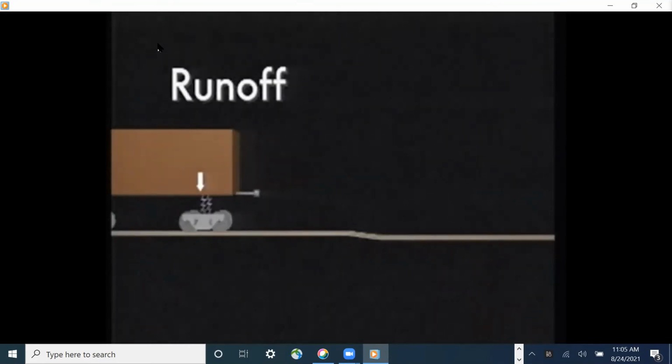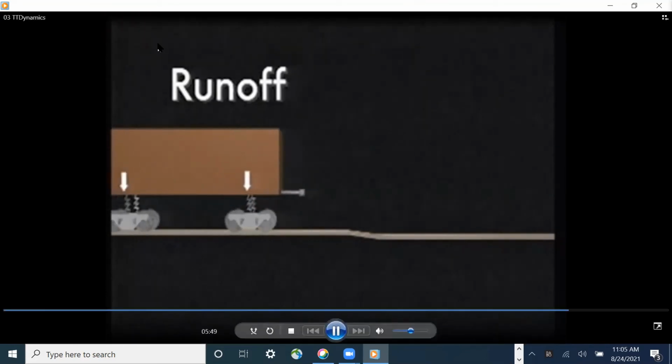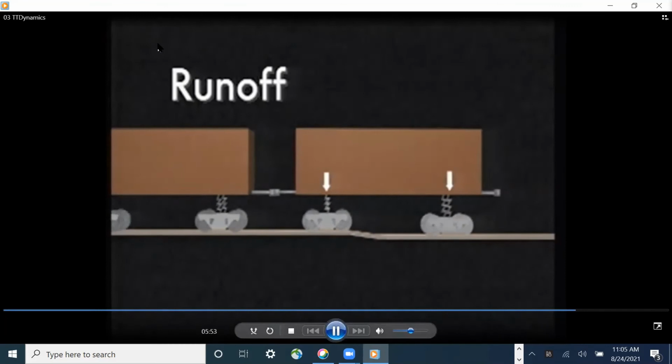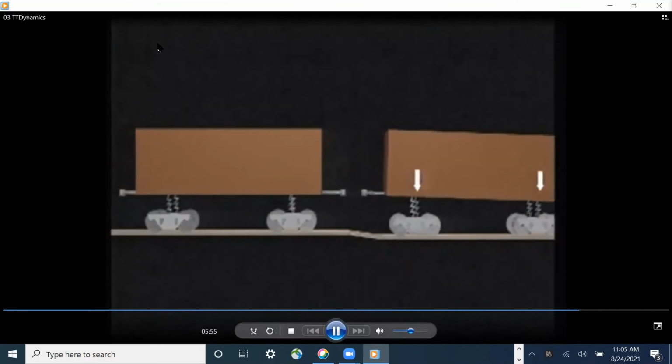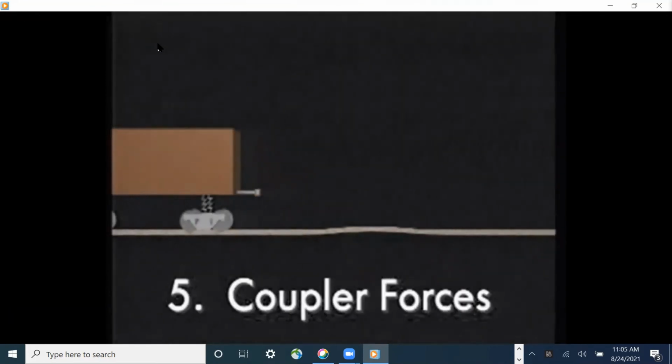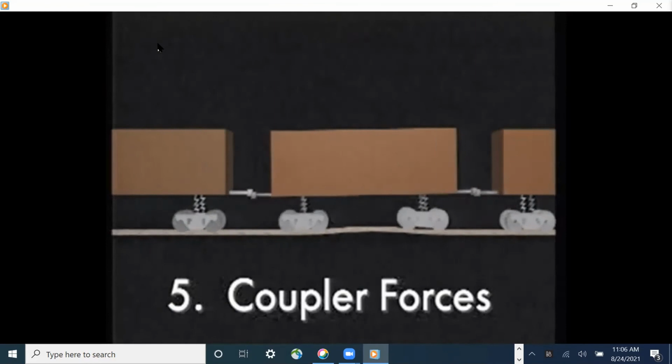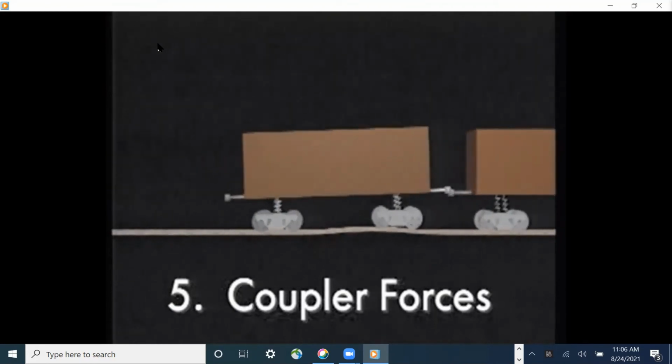When two cars move over excessive runoff at the end of a track lift or raise, the rapid change in uniform surface profile over a short distance causes pitch and bounce at high speeds and can actually uncouple cars at low speeds. The vehicle dynamics of coupled rail cars moving over track surface irregularities produce vertical coupler forces.